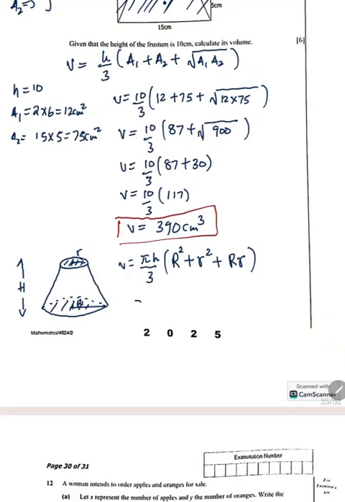Just a quick example. If our frustum was like this, and they say the radius, please make sure that it's a radius, not the diameter.